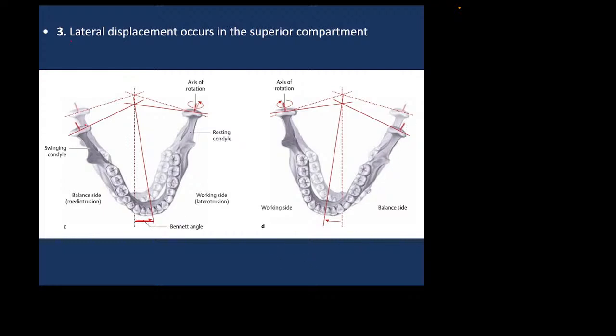The opposite movement is when the left joint is moved anteriorly, but the right joint is rotated.